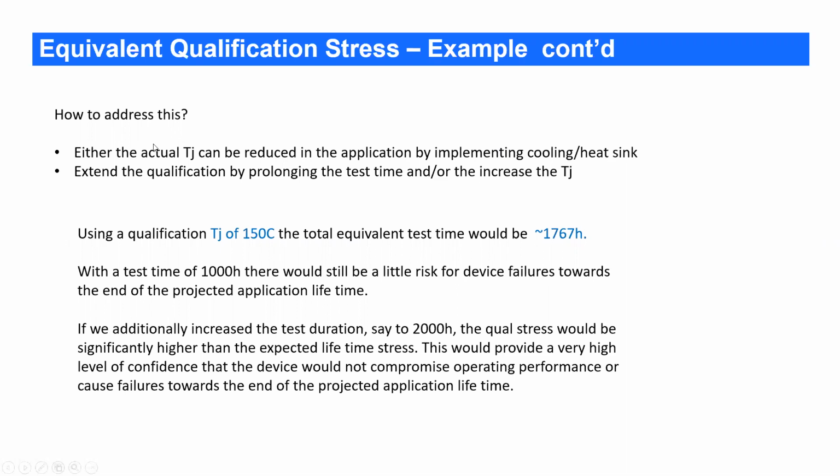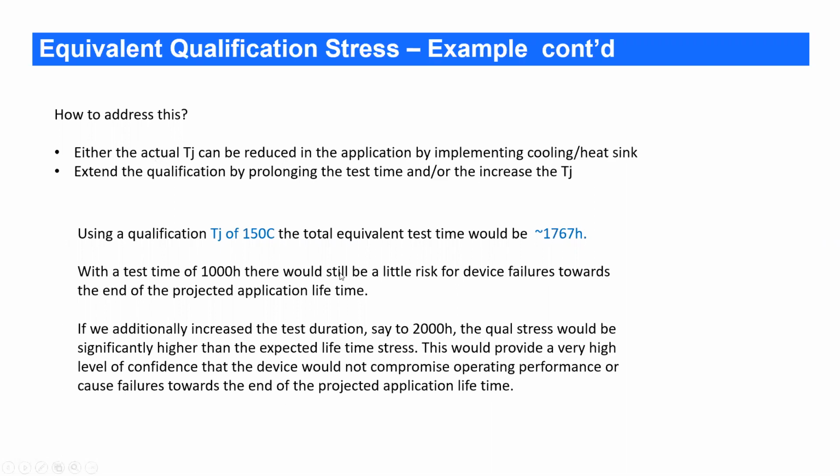If that is also not possible, then you may want to try to extend your qualification and see how far can I take my device really before I will start see failures in HTOL testing.